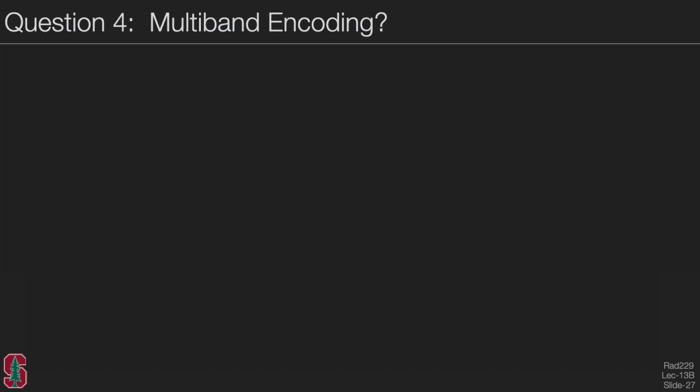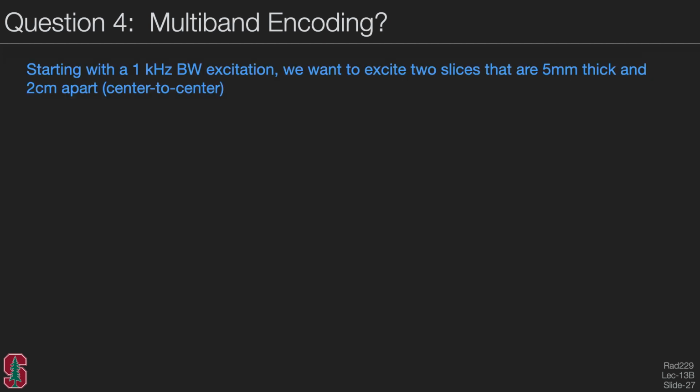So let's look at an example with multiband encoding. So if we start here with a 1 kilohertz bandwidth excitation, if we want to excite two slices that are 5 millimeters thick and 2 centimeters apart, first question is, how do we modulate the pulse to excite two slices?